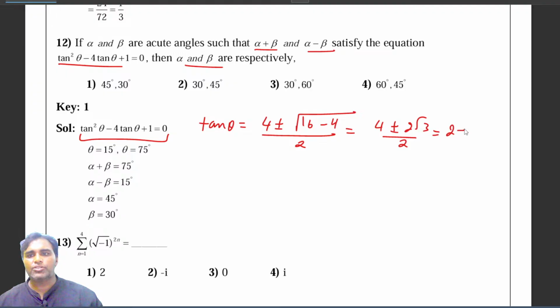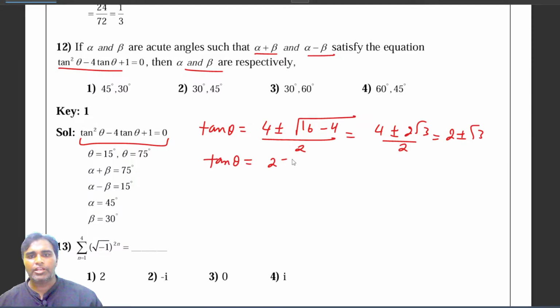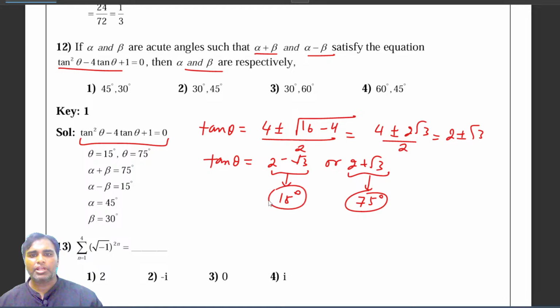So we will get 2 plus minus root 3. One value of tan theta is 2 minus root 3 and the other is 2 plus root 3. If 2 minus root 3, what is this angle? 15 degree. 2 plus root 3, what is this angle? 75 degree. Clear? 15 degree and 75 degree.